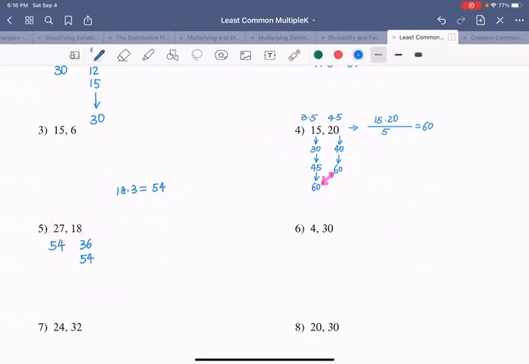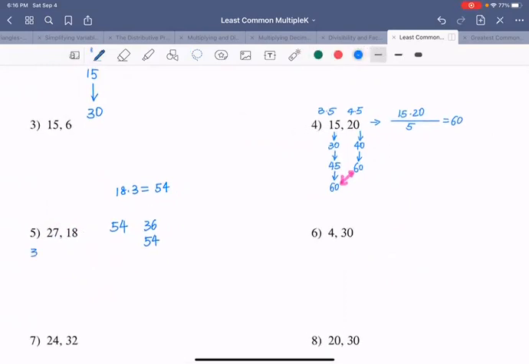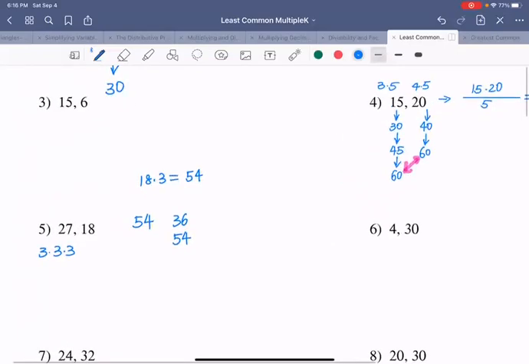Jason. All right. So 27 is 3 times 3 times 3. Yes. 18 is 3 times 3 times 2.